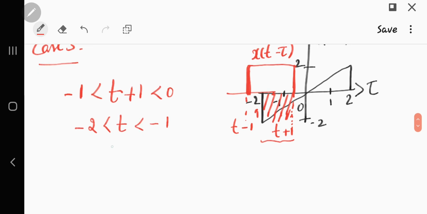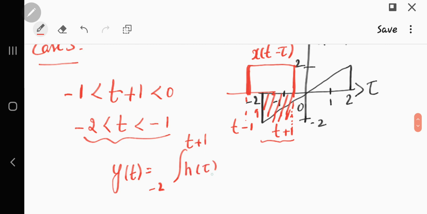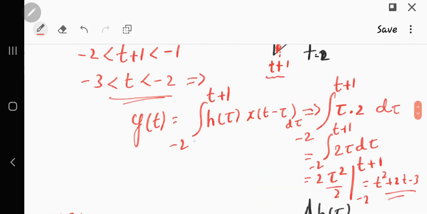And you can observe during this duration what is y of t. To find out y of t, what is the region that is overlapping? Again it is minus 2 to t plus 1, h of tau x of t minus tau d tau. Now, if you observe, we have the same limit minus 2 to t plus 1 as in the previous case here.